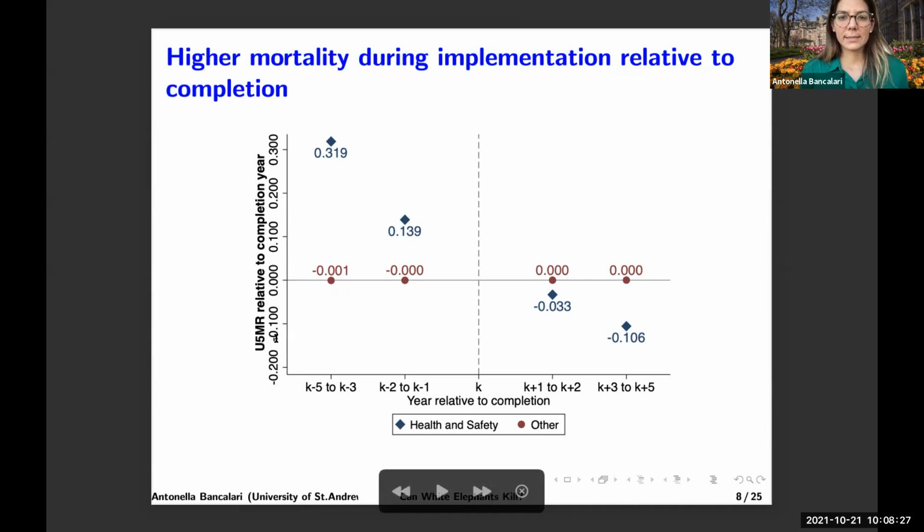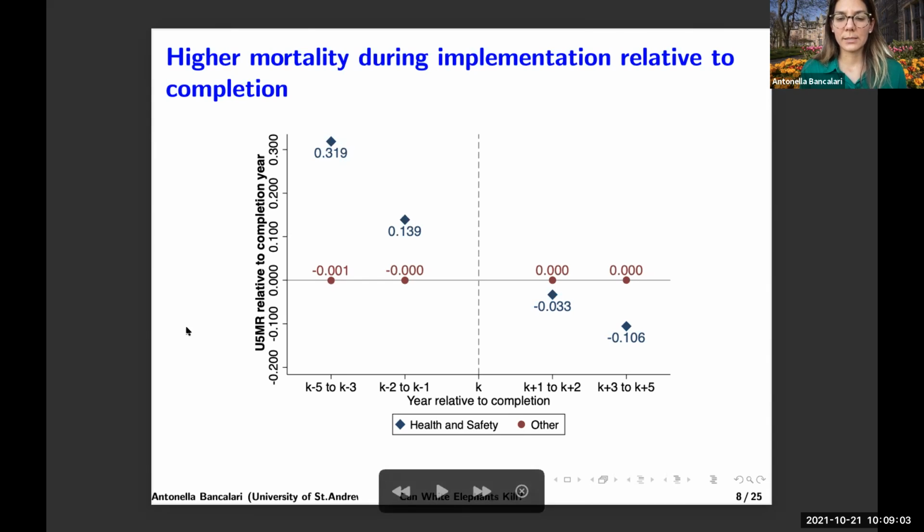And the y-axis is specifically showing the under 5 mortality rate relative to the completion year for each of the years. So essentially, how much was the mortality rate for years 5 and 3 before the project completion minus the mortality rate of the year of completion. And what we can observe here is that the mortality rate during 5 to 3 years before the project completion was higher by 0.3 deaths, and 1 and 2 years before the completion is higher by 0.13 deaths.